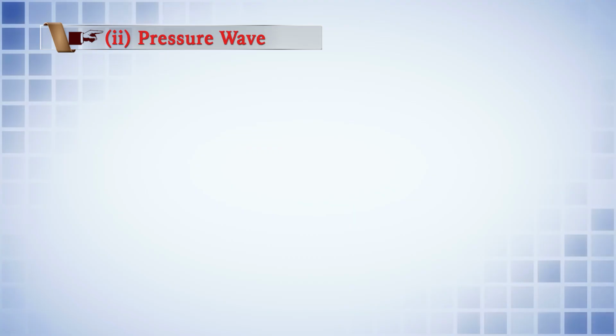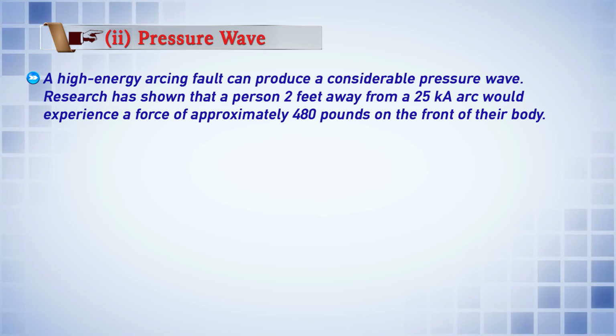Second is the pressure wave. A high energy arcing fault can produce a considerable pressure wave. Research has shown that a person 2 feet away from a 25 kiloampere arc blast experiences a force of approximately 480 pounds on the front of their body.